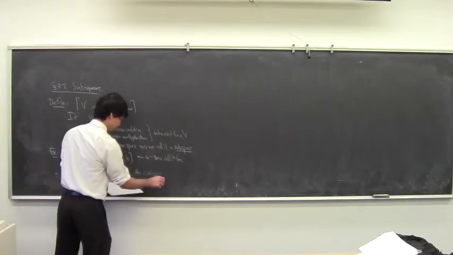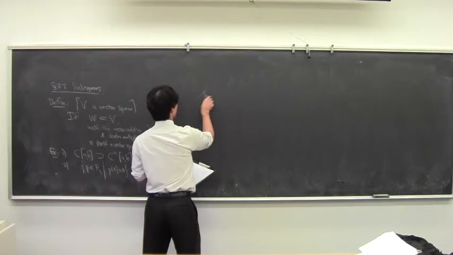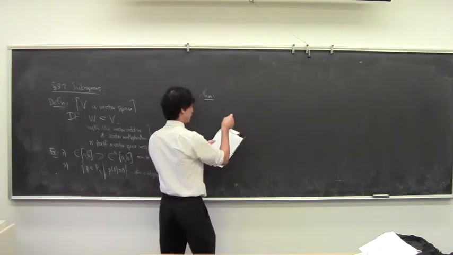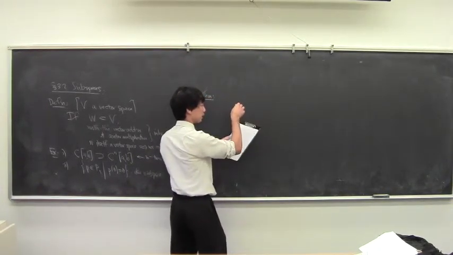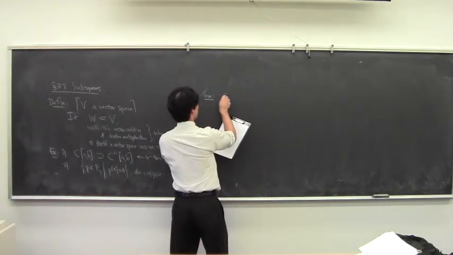So let me just give you how the main thing that one needs to do is check the addition and the scalar multiplication. So let me tell you how it works.